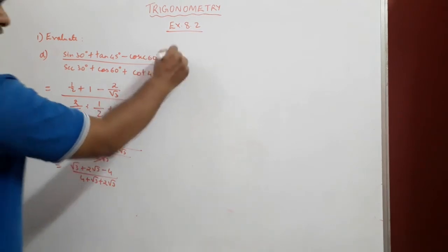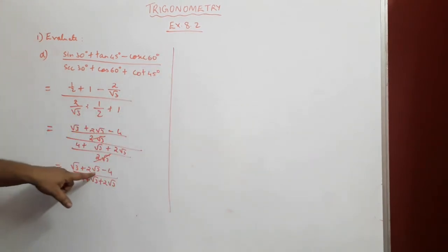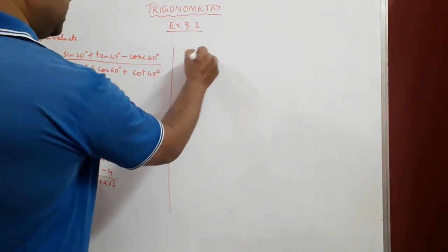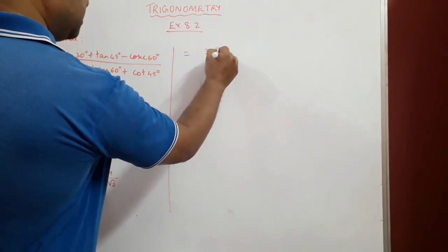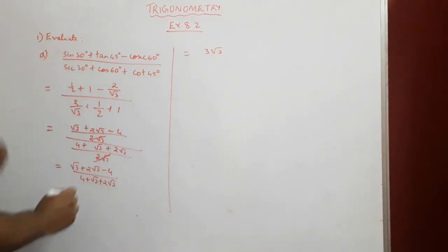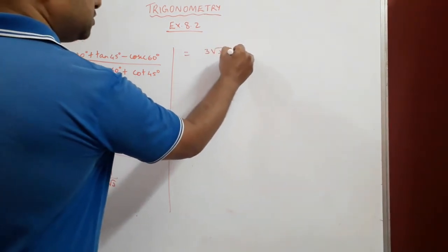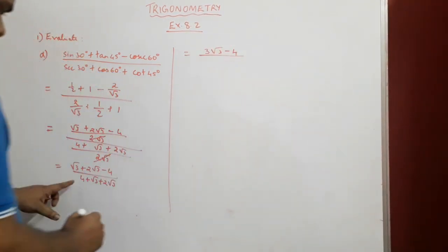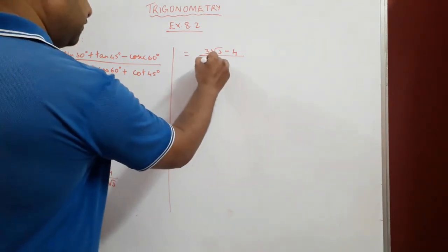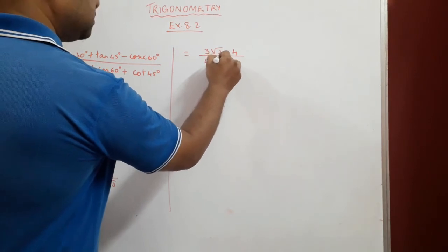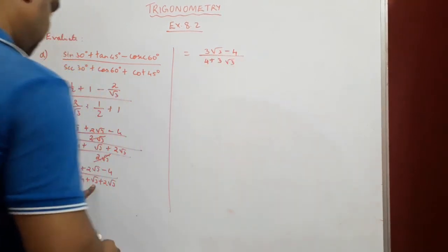Solve it over here. Now root 3 and 2 root 3 can be added, and we'll get this as 3 root 3 because the irrational number is the same, minus 4 whole thing upon 4 plus root 3 plus 2 root 3. Root 3 and 2 root 3 add, so we'll get 4 plus 3 root 3.